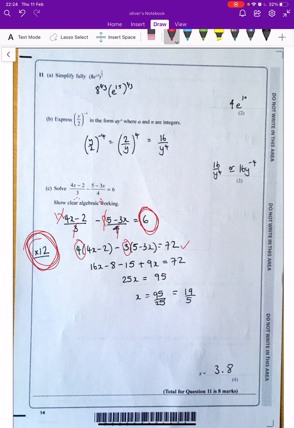Now be careful with this minus sign in here, because when you do minus multiplied by -3, it gives you a plus 9x in there. So simplify the left-hand side, take the 8 and the 15 over, and you're ending up with 25x equals 95. Divide that through by 25, cancel it down. Fraction 19 over 5, decimal 3.8.